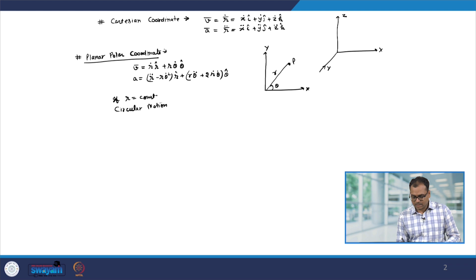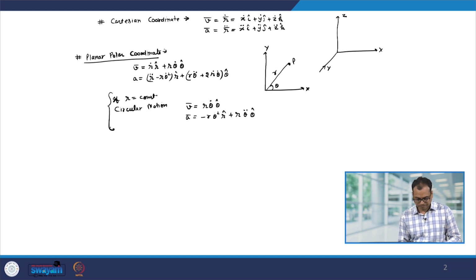In this case, because r dot and r double dot will be 0, the velocity vector v becomes r theta dot theta cap and the acceleration a becomes minus r theta dot square r cap plus r theta double dot theta cap.